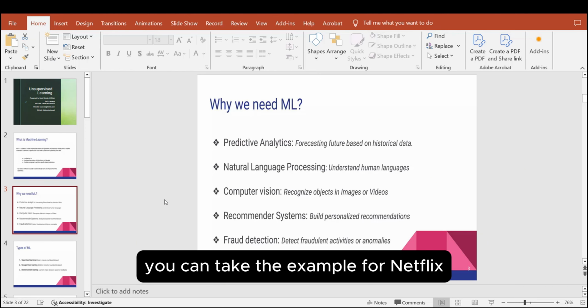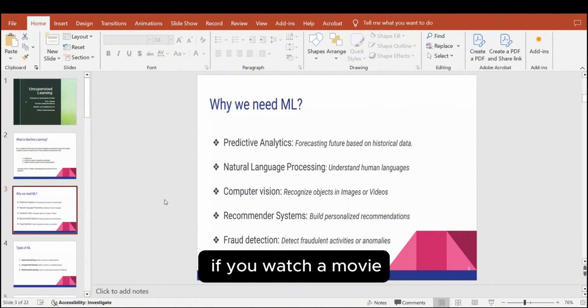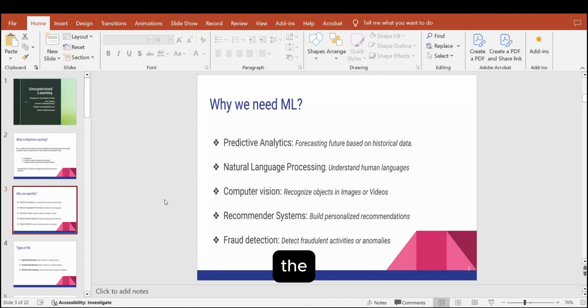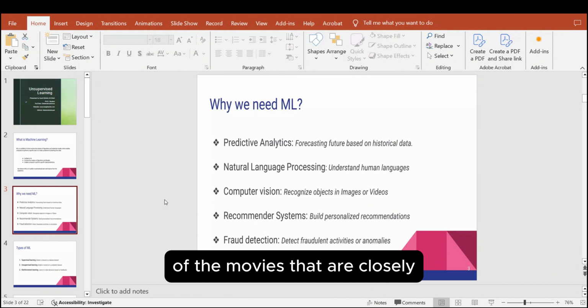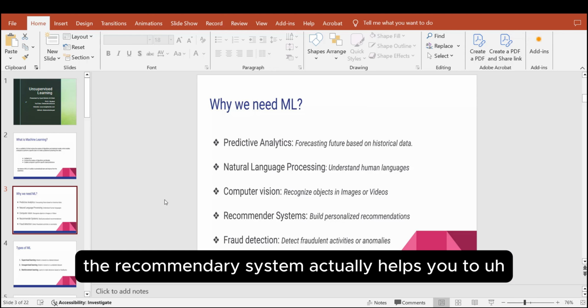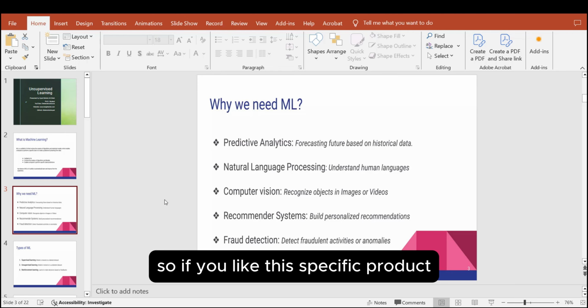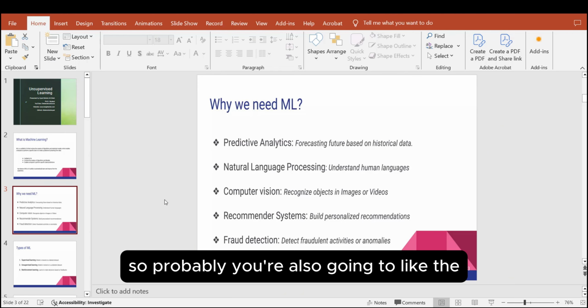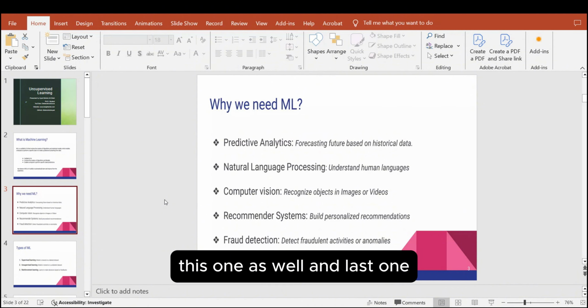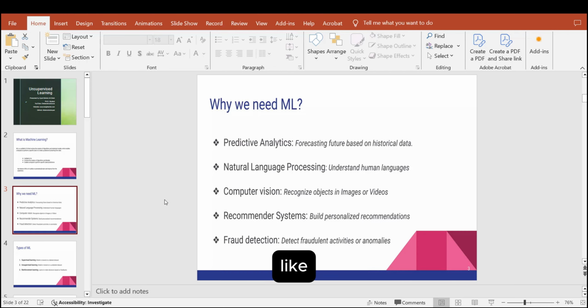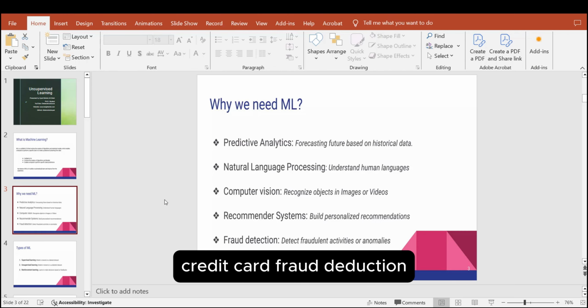You can take the example of Netflix. If you watch a movie, you get suggestions of movies that are closely related to that specific one. If you're doing online shopping, the recommender system recommends that if you like this specific product, you're probably also going to like this one as well. And the last one is fraud detection, such as credit card fraud detection.